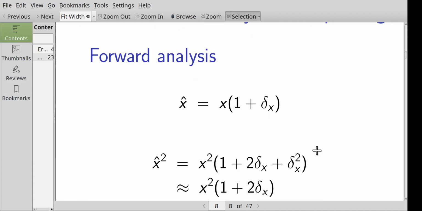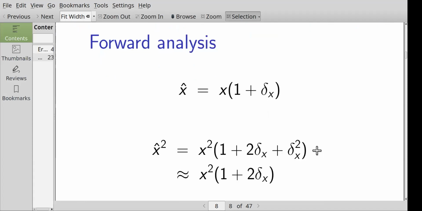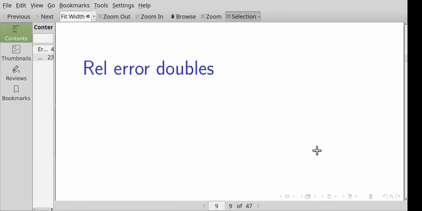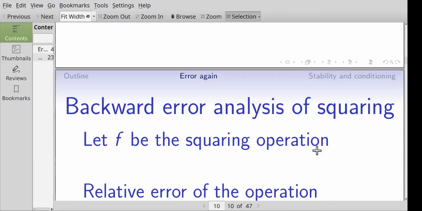So we've got x squared times 1 plus twice delta x. So as we discussed last time, the relative errors double when you square a number. Okay. So relative error doubles, as I said.